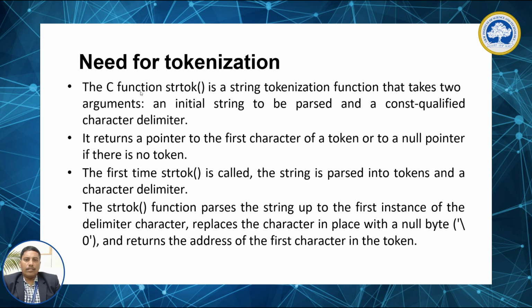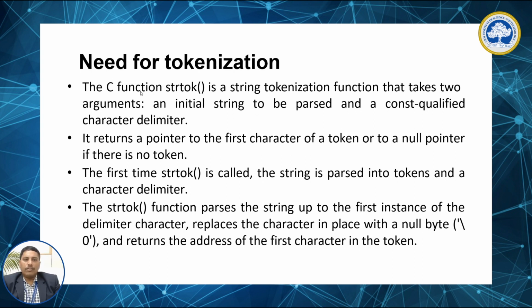Whenever you want to tokenize your string, you can use the strtok function, which is already available in C programming. If you want to use this function, you have to include the string.h header file.